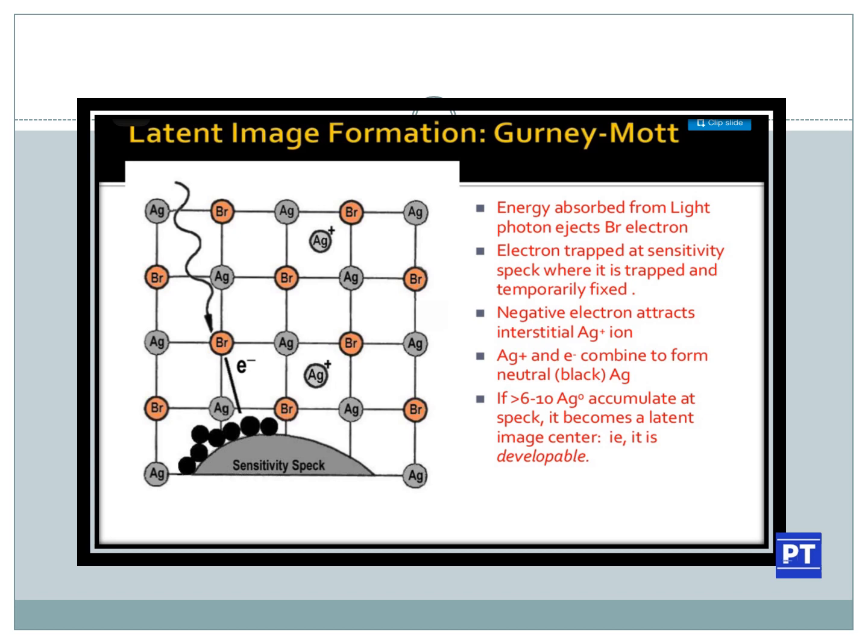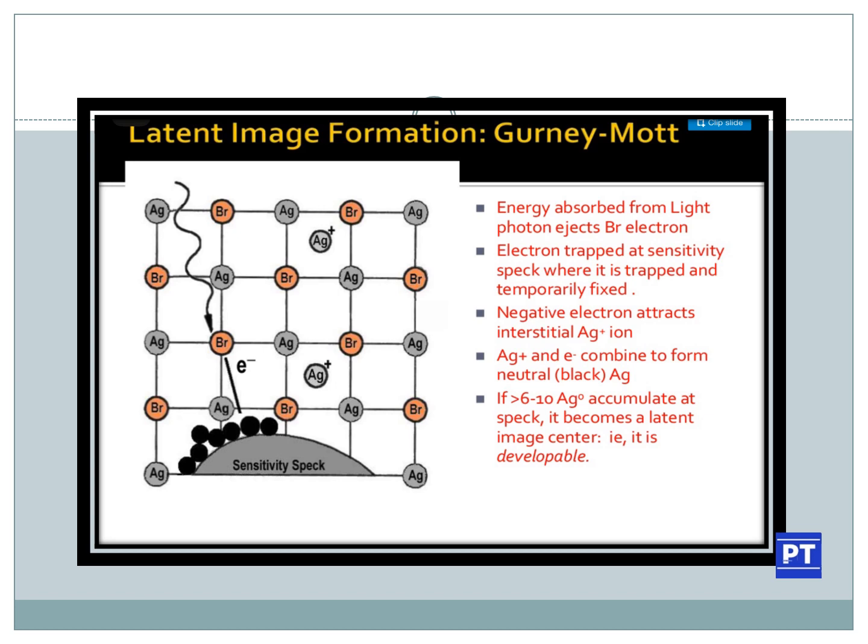As I said before, we have some sensitivity specks. This electron will be rolling in this crystal, and at last it will fall on the sensitivity speck. Since electrons have negative charge, it will attract the interstitial Ag positive ion. Unlike charges attract, so the negative electron will attract this positive Ag ion, and the Ag ion and the electron combine to form neutral black Ag.